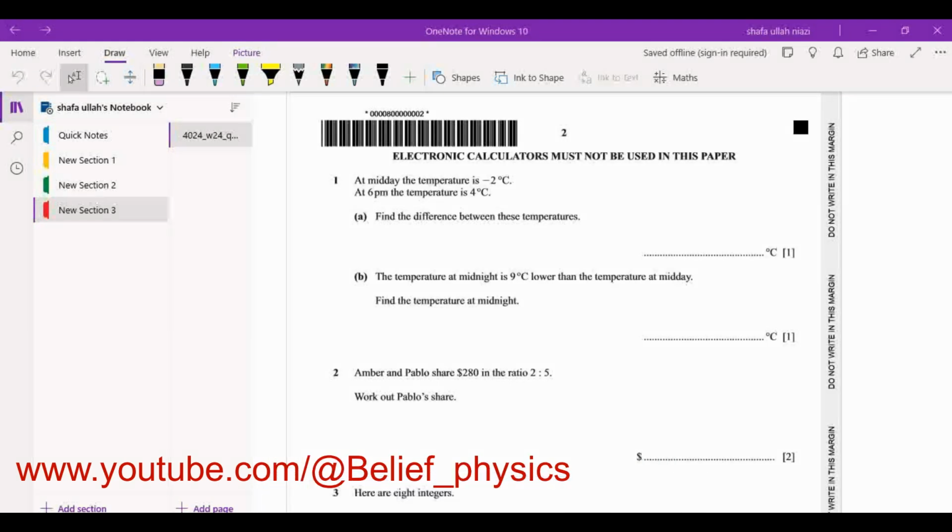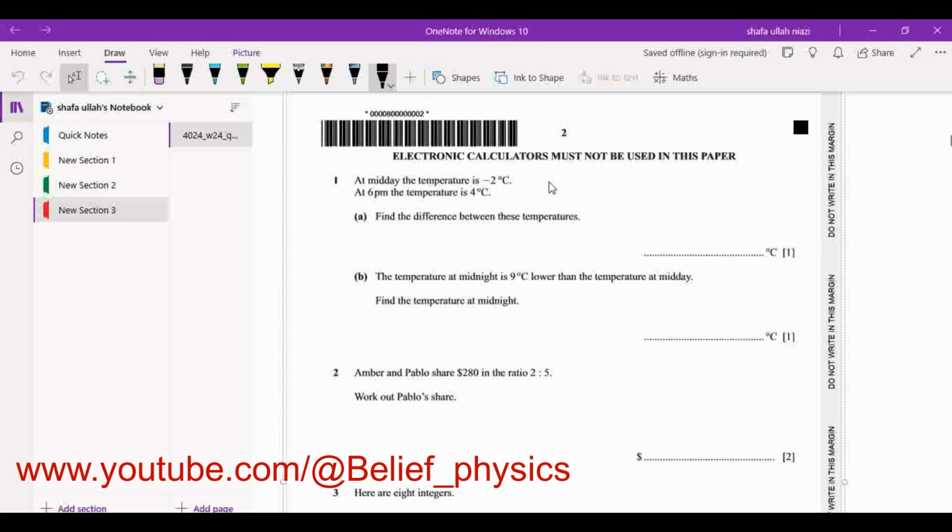Question number one: at midday the temperature is -2 degrees centigrade. At 6 p.m. the temperature is 4 degrees centigrade. Find the difference between the temperatures. For this we have to subtract the smaller quantity from the bigger quantity.